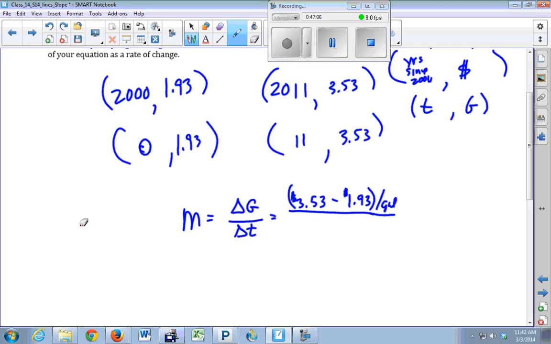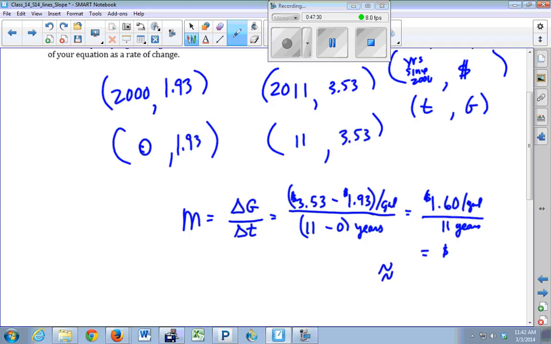And then the change in time was 11 take away 0 years. So when you do your math, you get $1.60 per gallon over 11 years. Now you have to approximate this because you get 0.14.